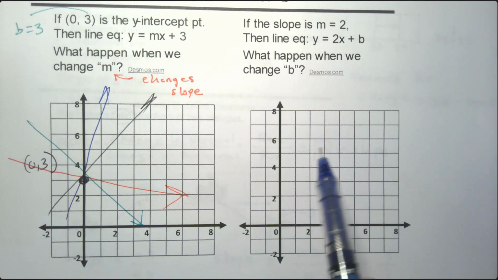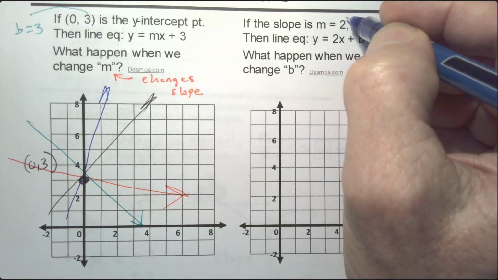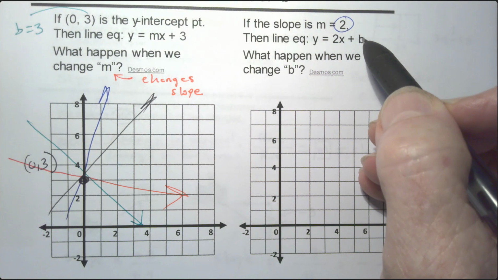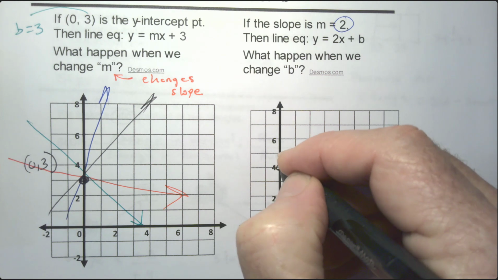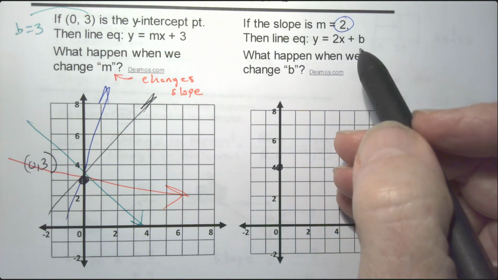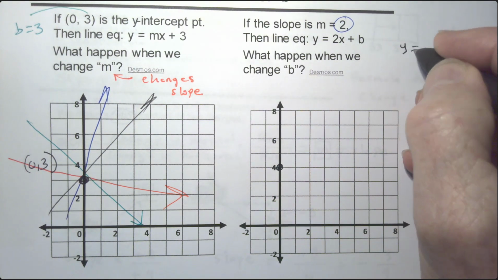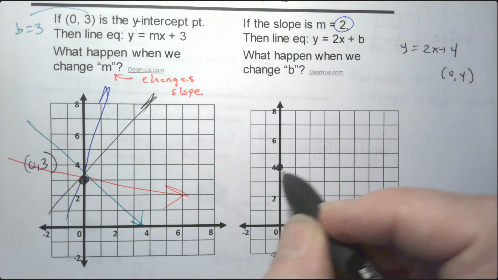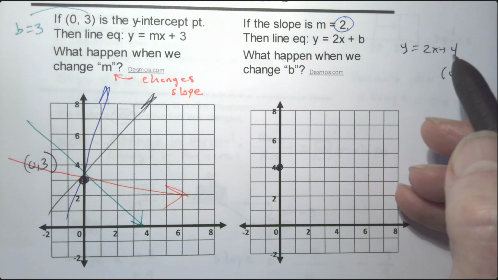Now we can't be so random on this one because we have the slope. That's a little bit more complex. We have to get the right slope. And so if I change b to be like the number 4, how would I draw that? Y equals 2x plus 4. Well, 0, 4 is the y-intercept. Got that. The slope is 2.